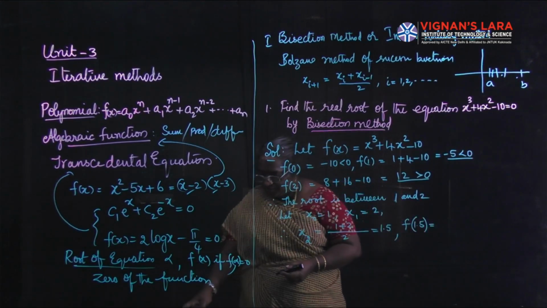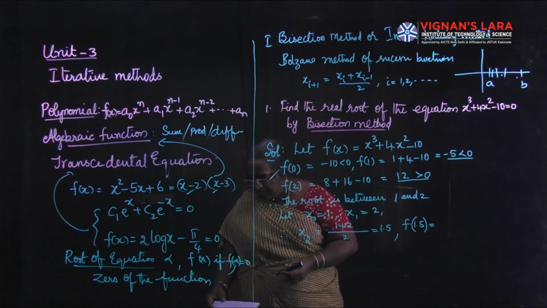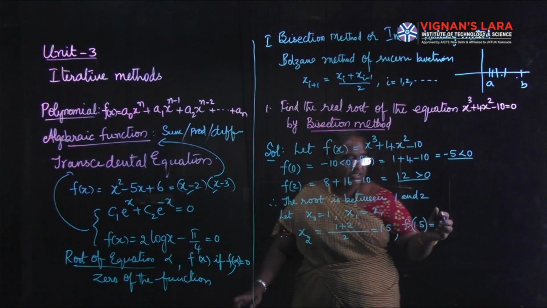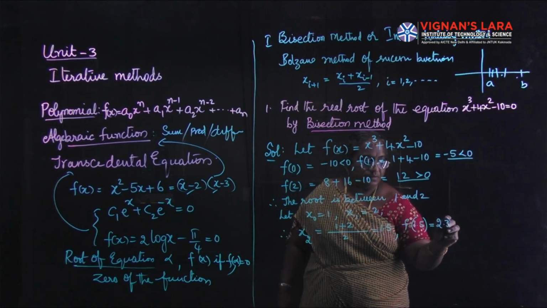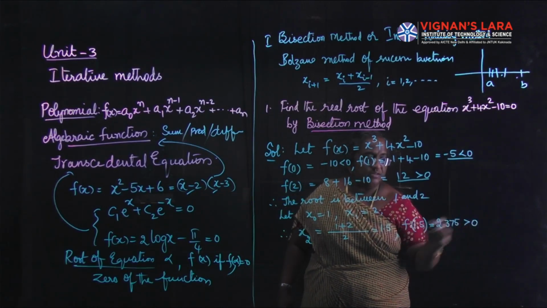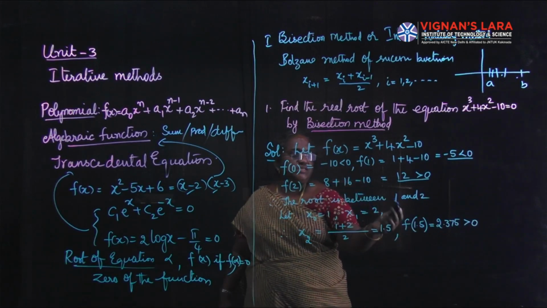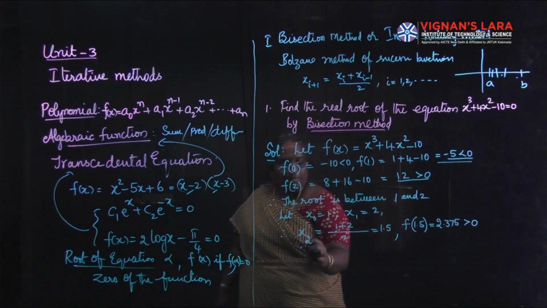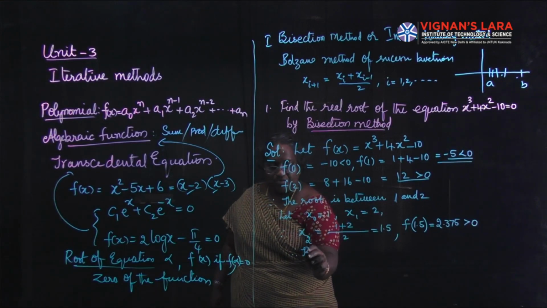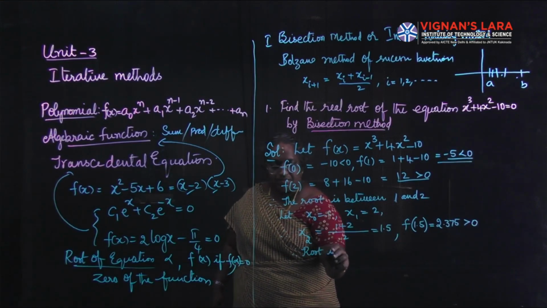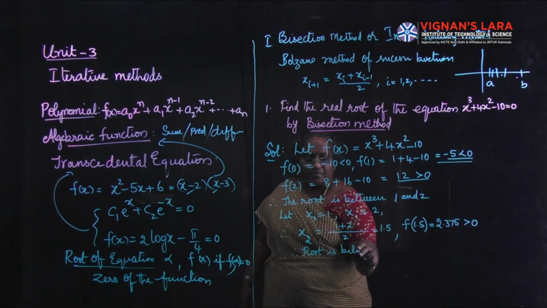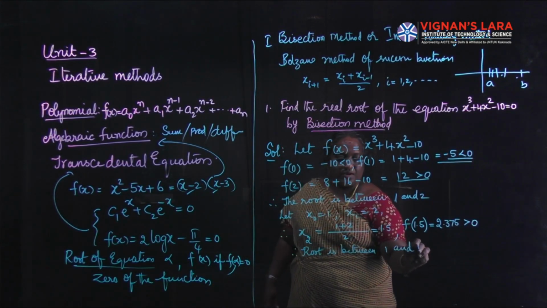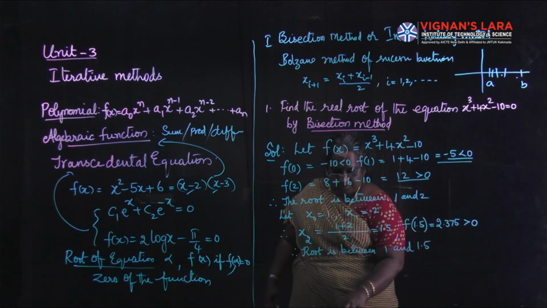f of 1.5 is equal to 2.375, so it is greater than 0. Just above, where is it less than 0? Here. So the root is between 1 and 1.5, because these are of opposite sign.